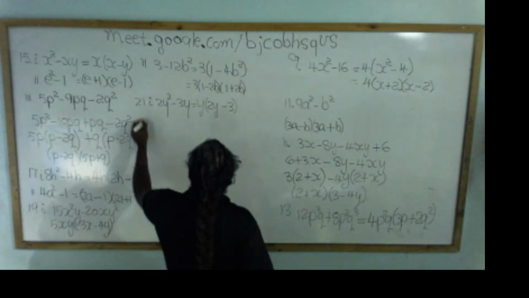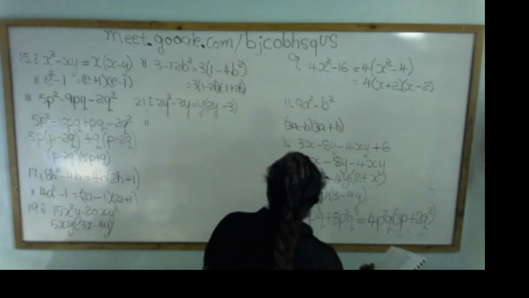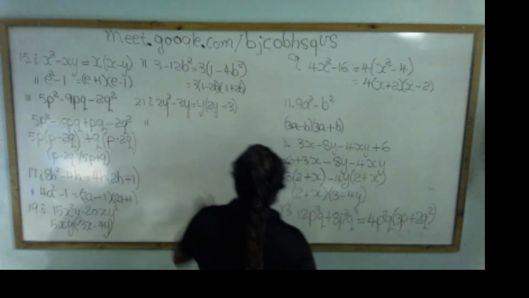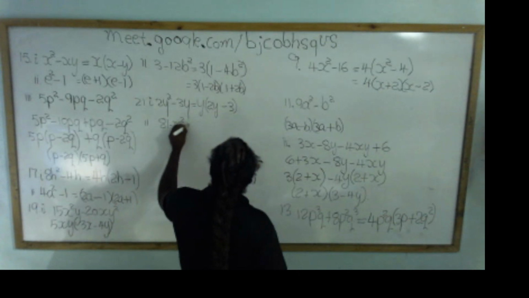Roman 2. 81 minus n squared. 81 minus n squared is the difference of 2 squares.